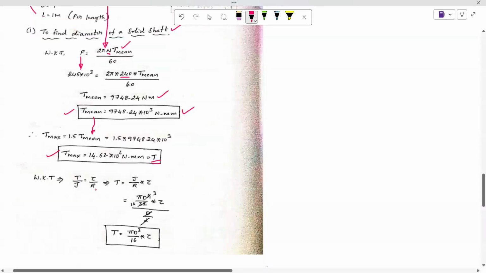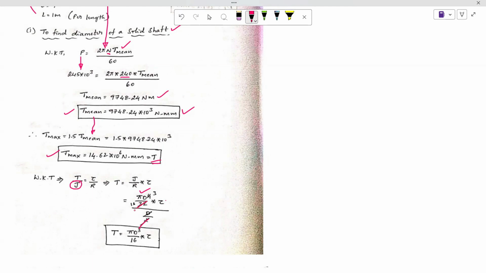Now from the torsional equation, you know that T by J is equal to tau by R. Here J is the polar moment of inertia. For a circular shaft, J is pi d to the power of 4 divided by 32, and R is half the diameter, so D by 2.